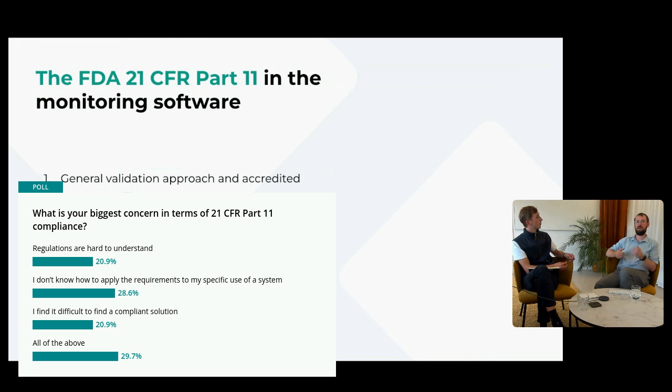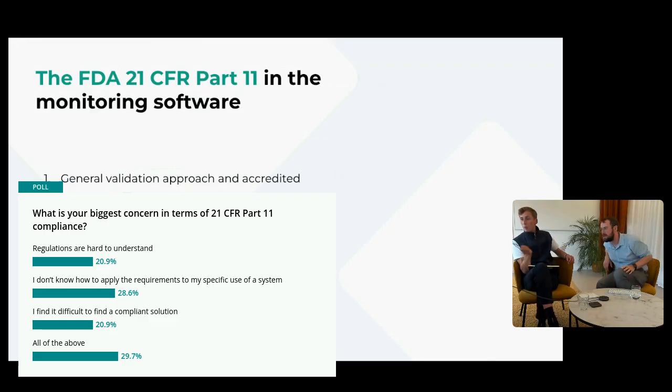So in other words, is it validated? Does it use device checks to ensure the validity of the data that comes into the system? Does it allow for you to make unique users that can sign off on each change? Does it allow for you to extract audit logs? And does it allow for you to make different user access levels? Then pretty much the rest can be handled by processes.